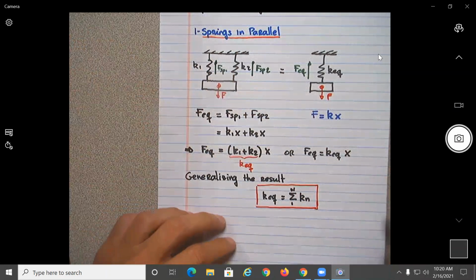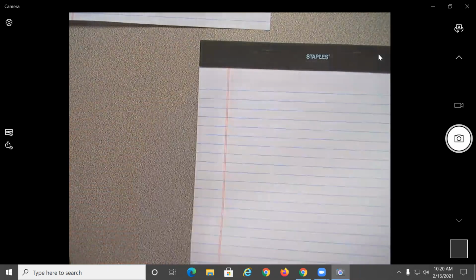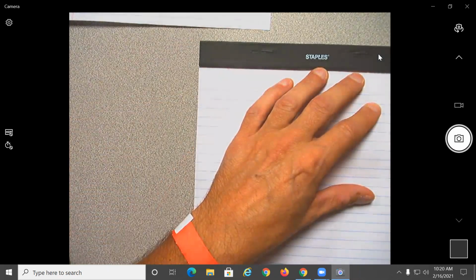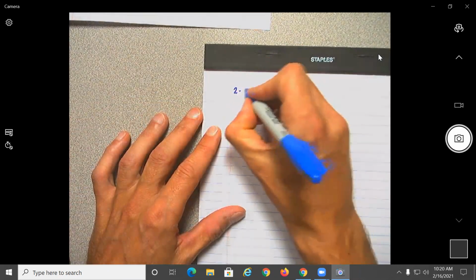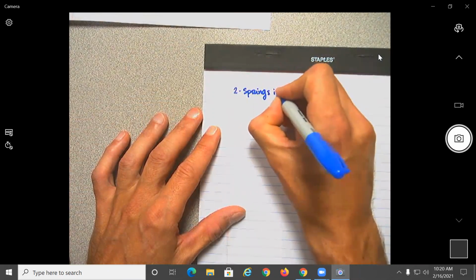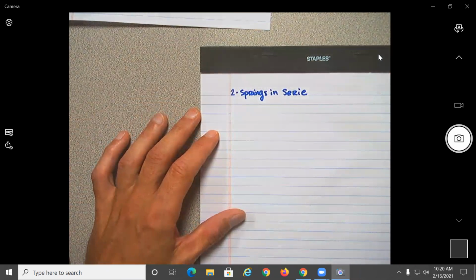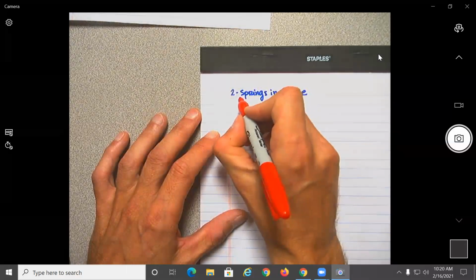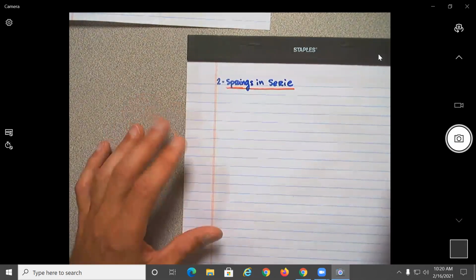So now we're going to look at springs in series. And we do exactly the same thing. All right, so two springs in series. So again, here the strategy is exactly the same one. You need to do the figure.